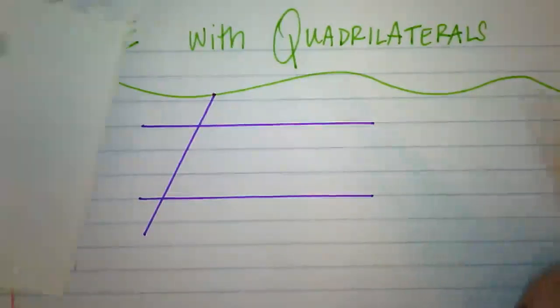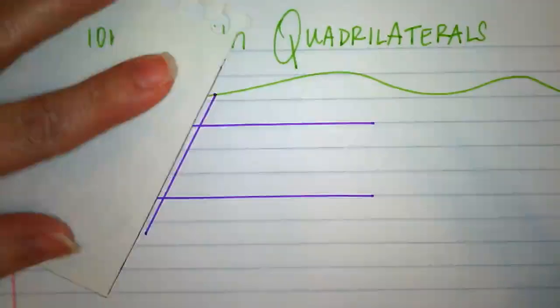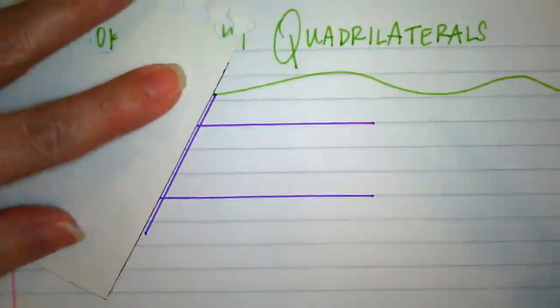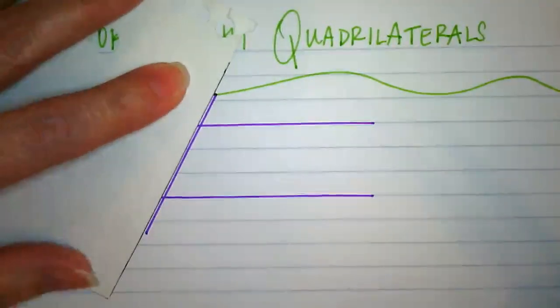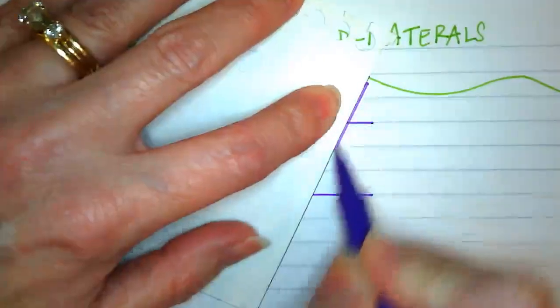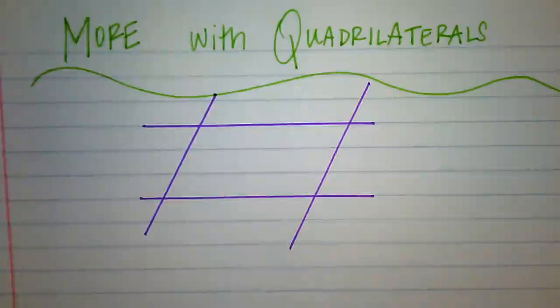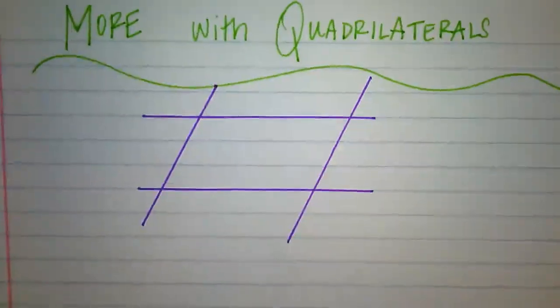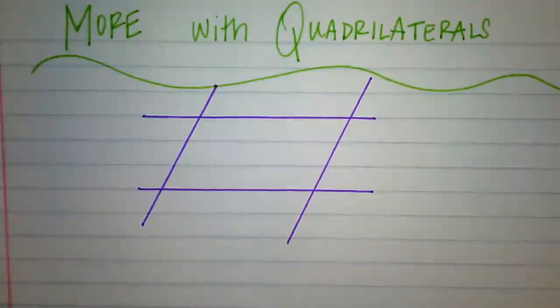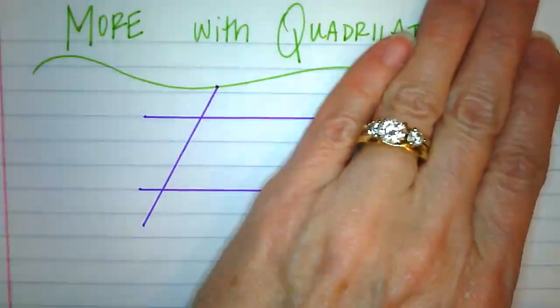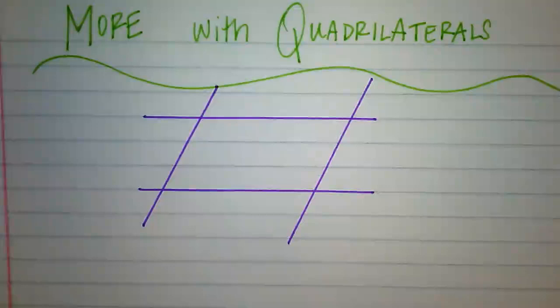What I want to show you is that when we have this setup, if we were to take this side and just move it down and draw it again, what we just made is a parallelogram. So when we have a set of parallel lines with a transversal, you learned all that stuff last year.